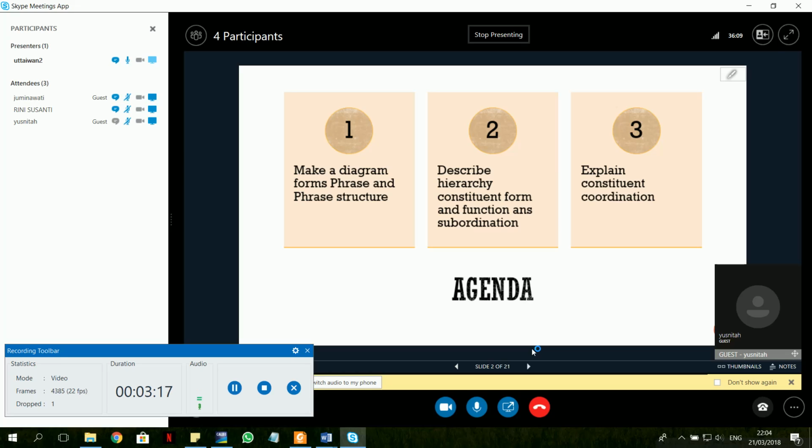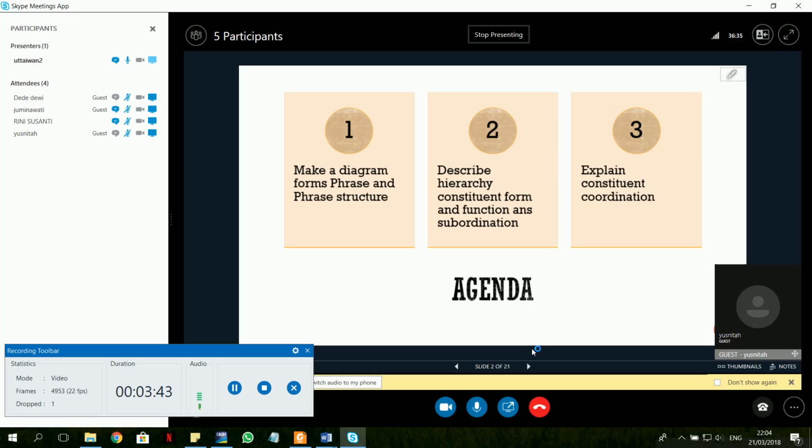So today we will analyze sentences using tree structure. Maybe this is a new term for you. We also have a term that in linguistics we will analyze sentences using phrase and phrase structure. What is it? Okay, then don't miss this class and we will discuss this.